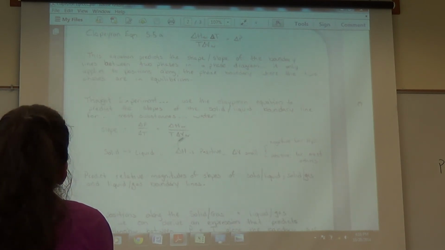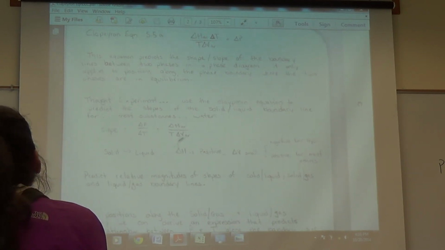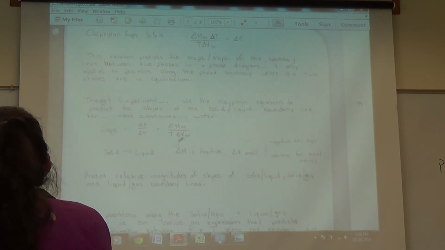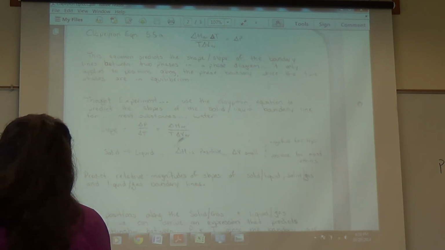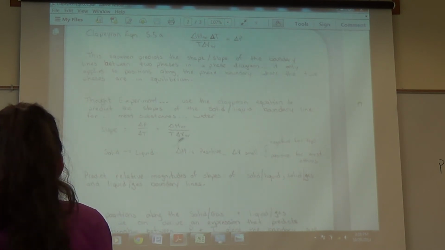Along those lines, which of these are all in that line of logic? Why would these guys have lower slopes in general? And which one of them should have the largest slope? So these lines describe the solid-gas and the liquid-gas equilibrium.